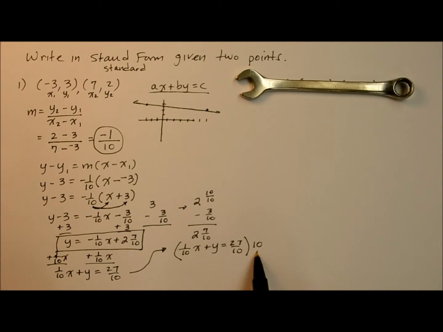And when you do the distributive property to all the terms, the 10 cancels this 10, leaving you with 1x or simply x. Now there's nothing to simplify here, so it's just 10 times y, which is 10y. And that equals, the 10 here cancels this 10, so 27. And here is your standard form with integer coefficients.